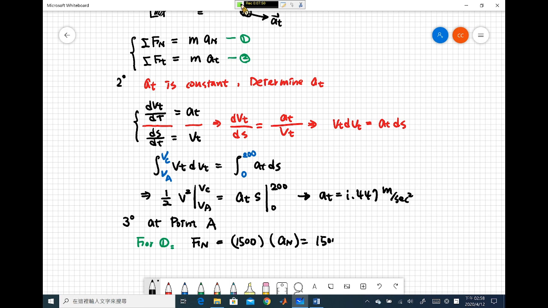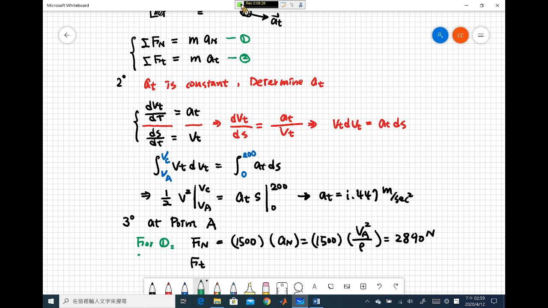An will be equal to your Va squared divided by rho, because the Va provided must be along the tangent direction, right? So the Va will be the Vt. You just plug in the numbers, you should be able to obtain 2890 Newton.